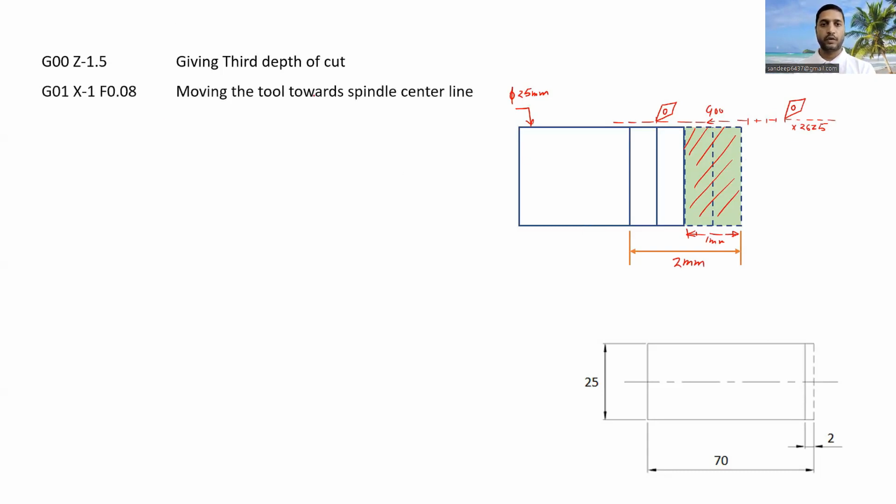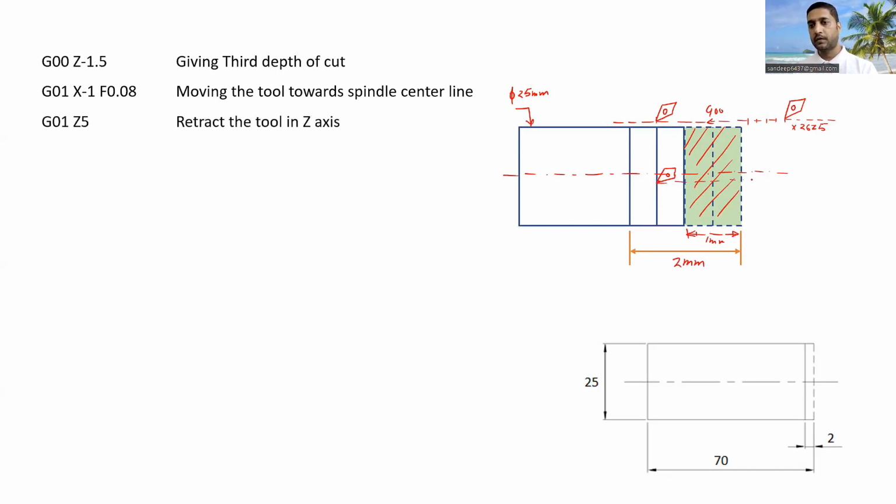And now we are moving the tool towards the spindle line at X-1 once again. So this is the spindle center line. Okay, so this is X-1, let us say. And after this, we are retracting the tool at the Z5 location.